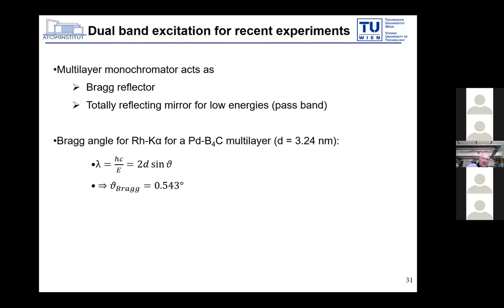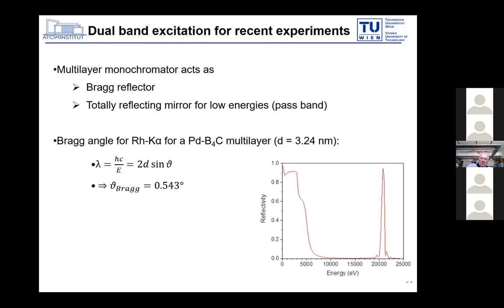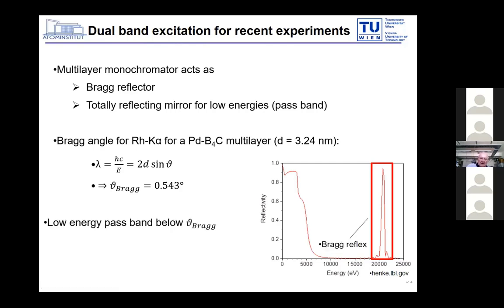But as you will see now, you see the spectrum and you see the Bragg part, and this acts at this angle. But already visible is that at such an angle, we have a total reflection regime available, which lies according to this angle.